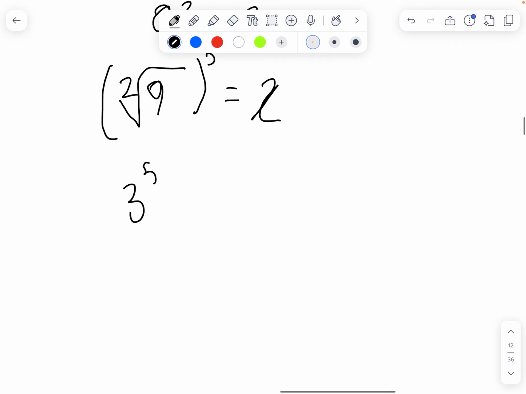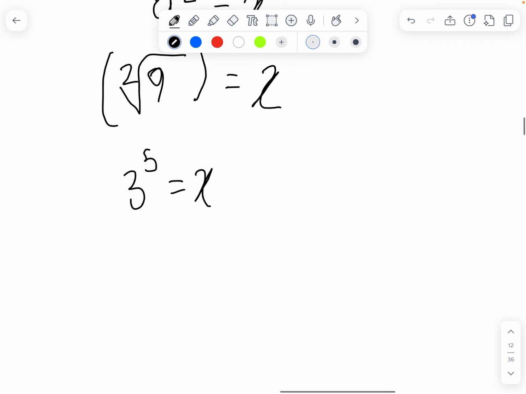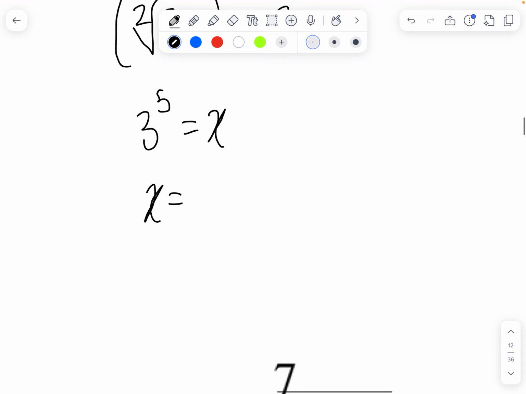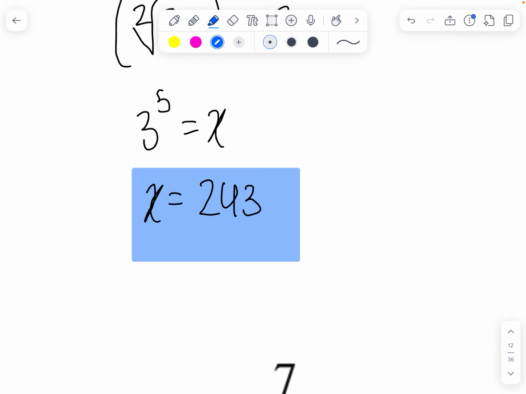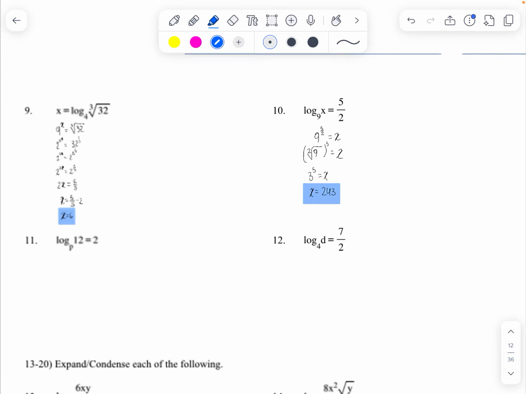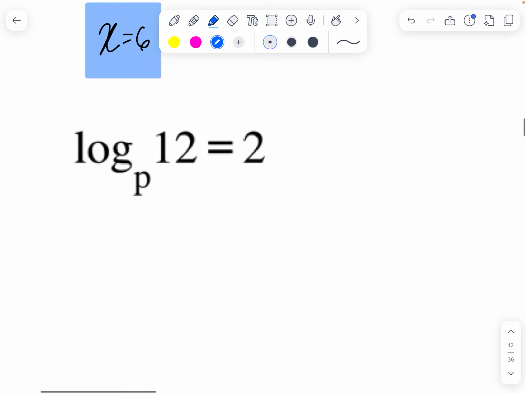So 3 to the power of 5 equals x. So x equals 243.